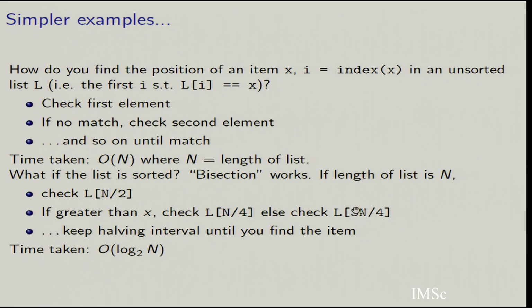Otherwise, it is in the second half of the list and you bisect that. Each time you take the midpoint of the interval until you converge on your element, and the time taken is going to be of order log to the base 2 of n. So if you have a list of 1,000,000 elements, the linear search would take of the order of 1,000,000 steps, but this will take you of the order of 6 or 7 steps. So it is a huge difference.